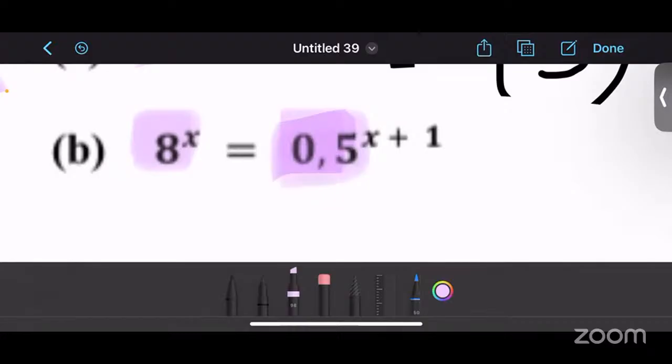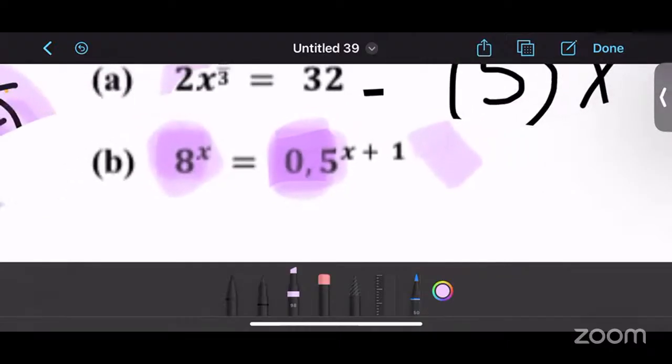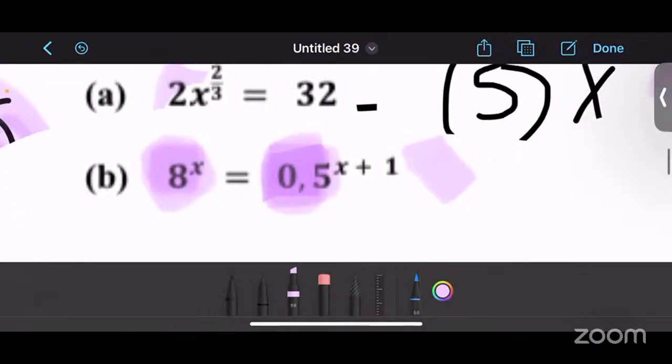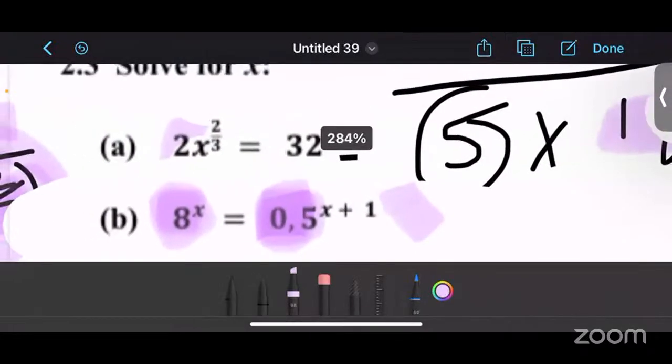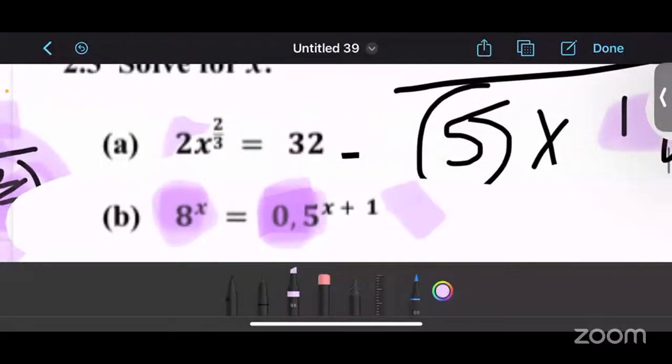So what I'm going to need from you in the next lesson next week is that you try to figure out which base we can make for 8 and 0.5 to solve for x. I've given you the heads up on how to go about this one. Or you can do it with your friends at school and then come share with us how you did it. Is that clear?